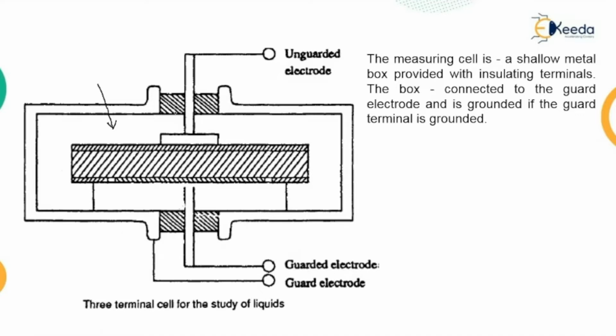So this terminal of the box is connected to the guard electrode, and if the guard terminal is grounded, then this box is also grounded. So this is called a shallow metal box.